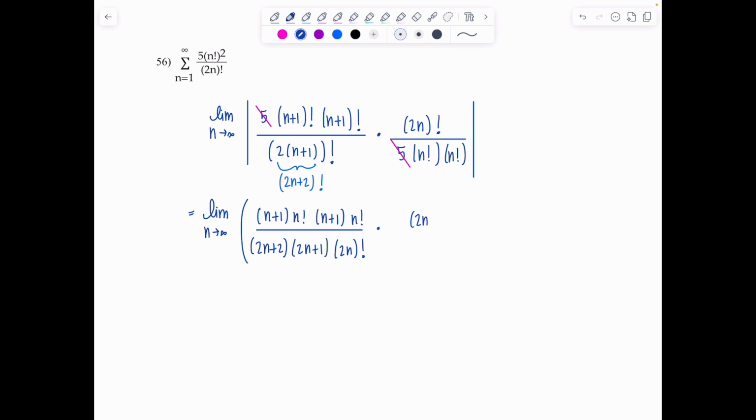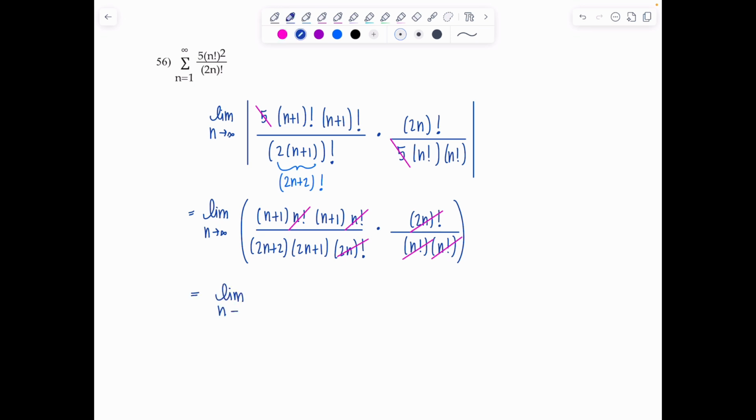And then 2n factorial up here over n factorial, n factorial. Okay, cancel party time. n factorial, gone. Another one, gone. 2n factorial, gone. There is one more thing we can do, but let's just write it out carefully.